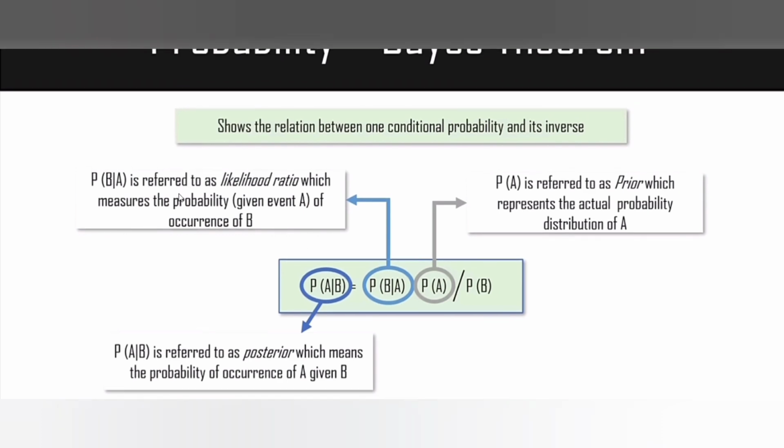P of B given A is referred to as the likelihood, which measures the probability of occurrence of B given event A. P of A is referred to as the prior, which represents the actual probability distribution of A, and P of B is the actual probability of B. P of A given B is referred to as the posterior, which means the probability of occurrence of A given B, meaning first B has occurred, then A. P of B given A means B is dependent on A, like that.